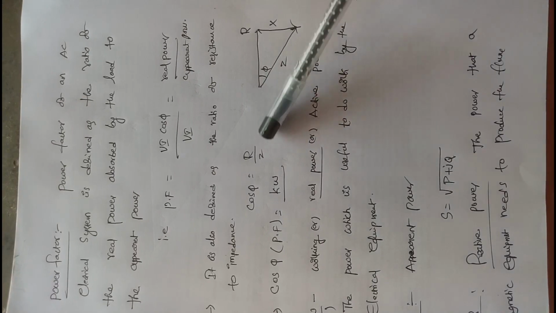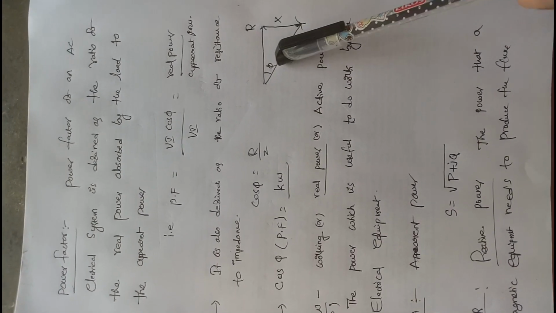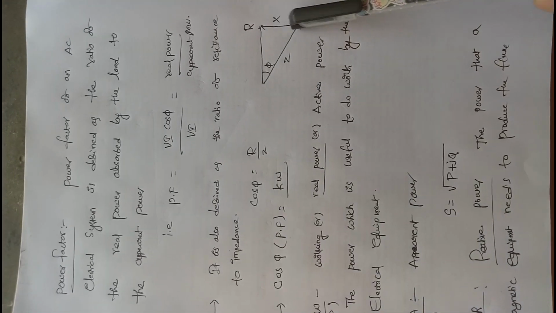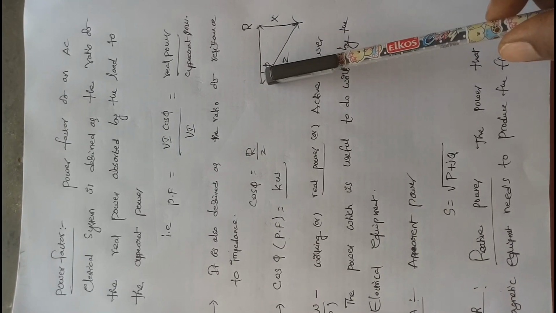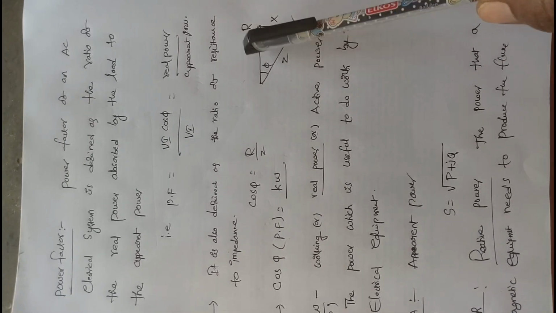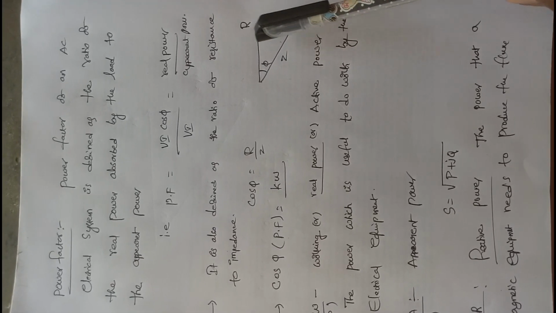It is also defined as the ratio of resistance to impedance. If you take the impedance triangle, it is not the power triangle, R and X are at right angles, and this is the impedance. The angle between R and Z is called the power factor cos phi. It is another definition of power factor.